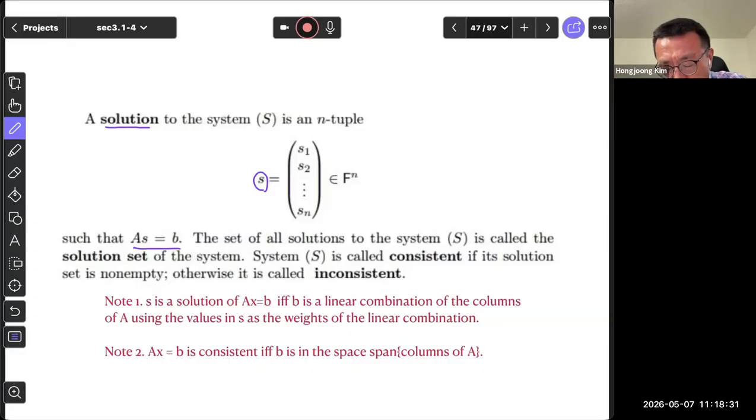If that is satisfied, then we say s is a solution. And when I say the solution set, that is the collection of all the solutions.